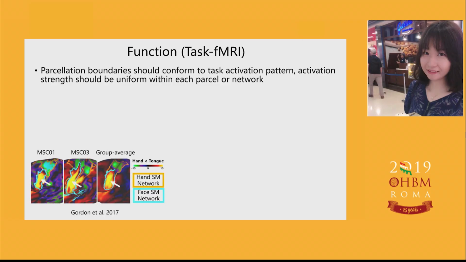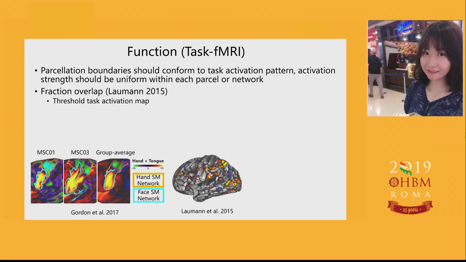Therefore, if we overlay the parcellation boundaries on the task activation patterns, we would want to see that the task activation strength is uniform within the parcel or network. To measure this, there is a metric called fraction overlap.